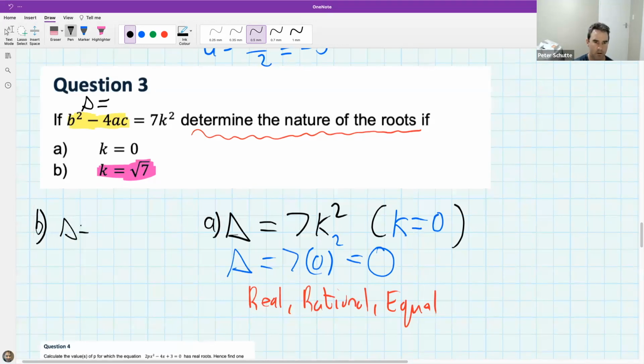So I know that delta is 7k squared, but k is root 7.